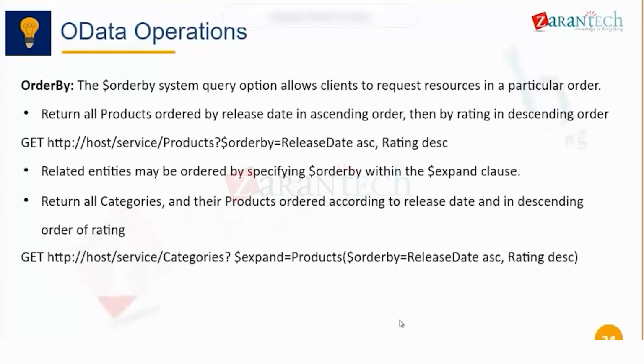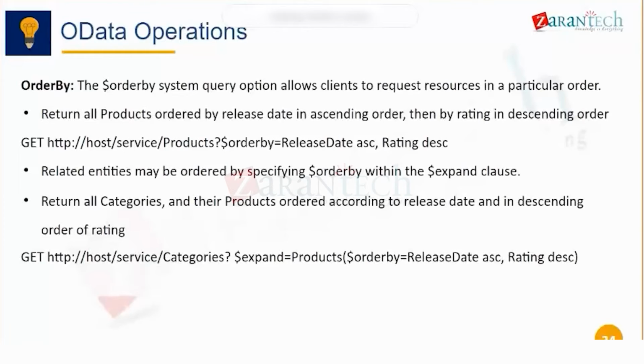Order by. This is basically for sorting, right? So the order by system query option allows the clients to request resources in a particular order. For example, for numbering or for alphabetical ordering, you can use this order.